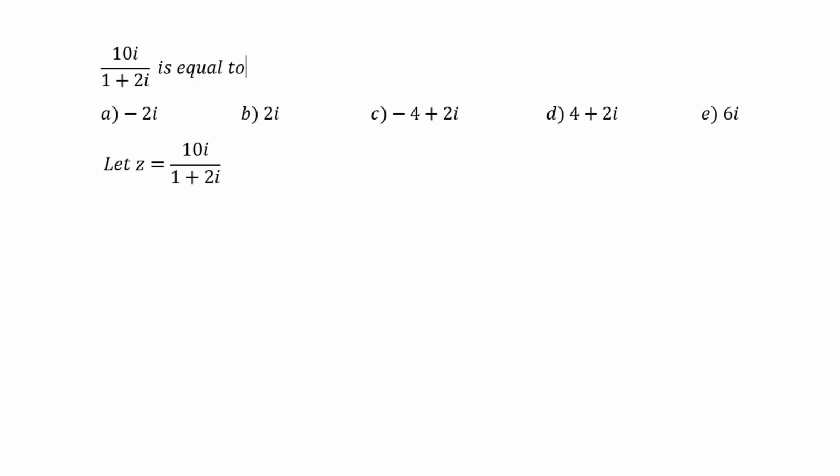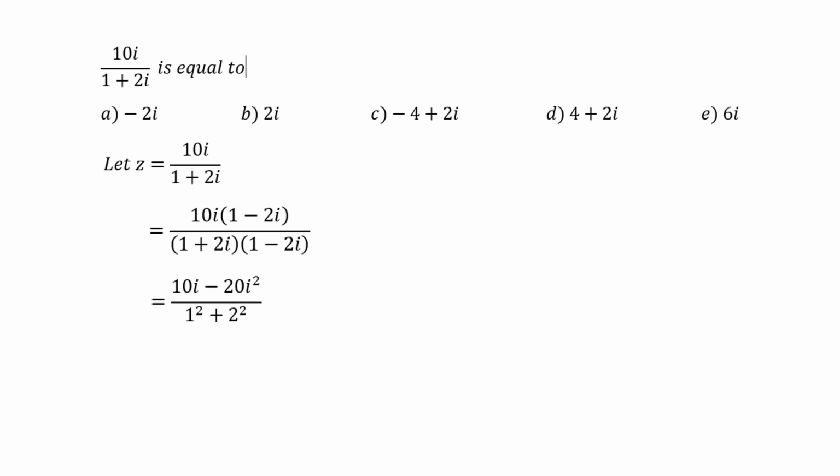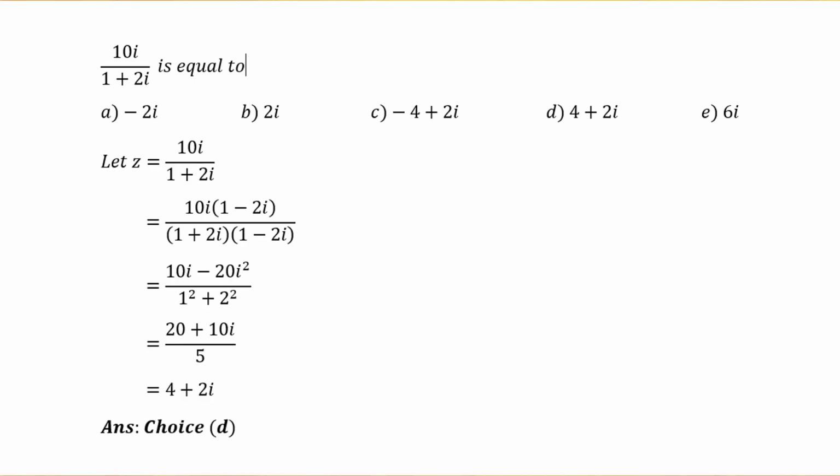So we get 10i into (1 minus 2i) divided by (1 plus 2i) into (1 minus 2i), that is equal to (10i minus 20i square) divided by, the denominator being of the form (a plus b) into (a minus b), a square plus b square, 1 square plus 2 square. That is (20 plus 10i) by 5, that is 4 plus 2i. Here the choice D is the correct answer, 4 plus 2i.